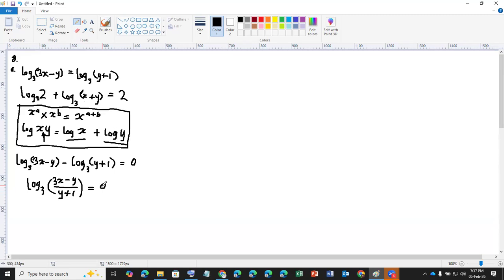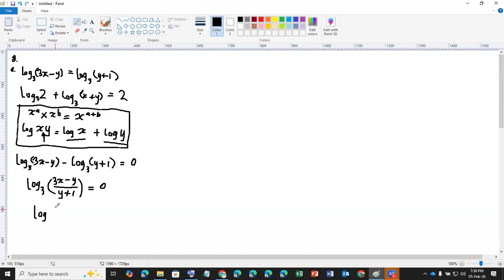Okay, so let's complete this thing well. We say the log of something to base 3 is 0. So how do we interpret it as indices?